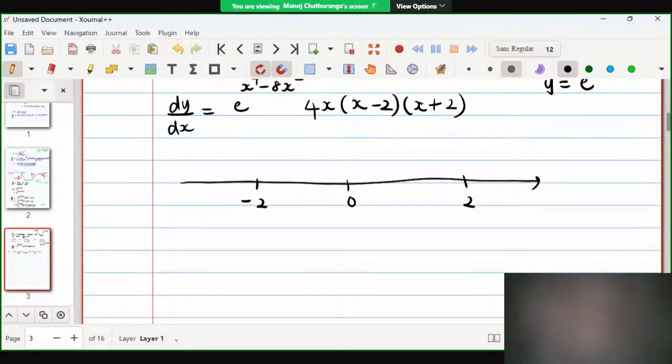Let me take a point below negative 2, that means smaller than negative 2. Let me say minus 100. Then this is negative, this is negative, this is negative, and this term is positive. So their product will be negative.